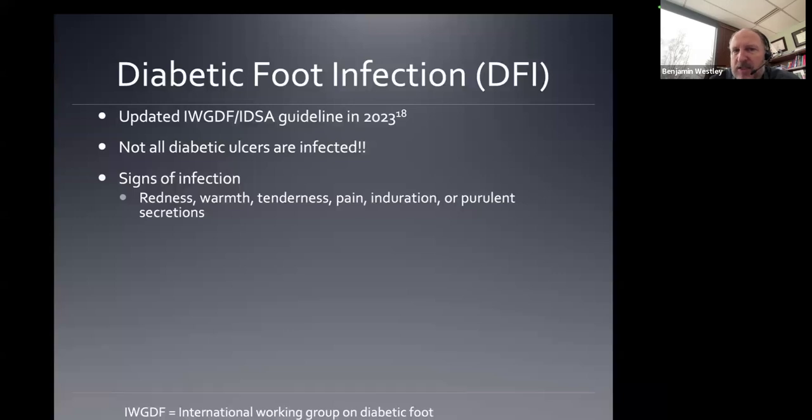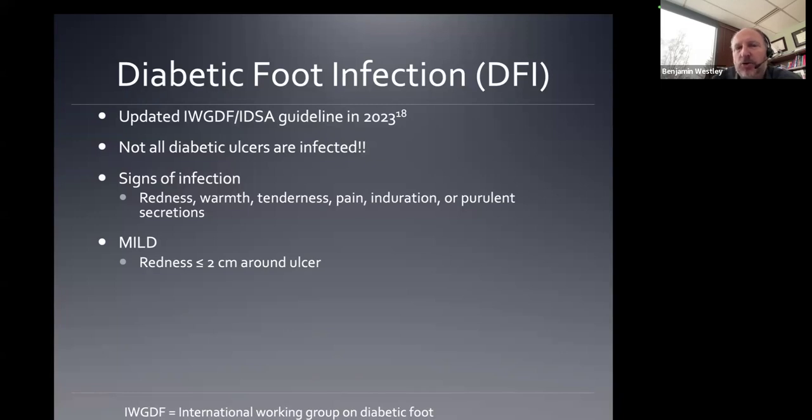Signs of infection are redness, warmth, tenderness, pain, induration, or purulent secretions. So now we categorize diabetic foot infection. So that's an ulcer in somebody with diabetes who is infected. This isn't a red leg between the ankle and knee of someone who happens to have diabetes and chronic edema.